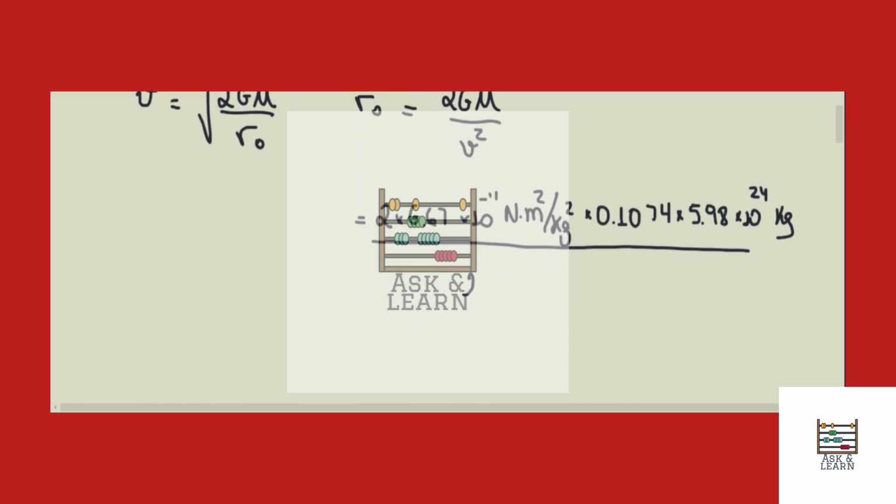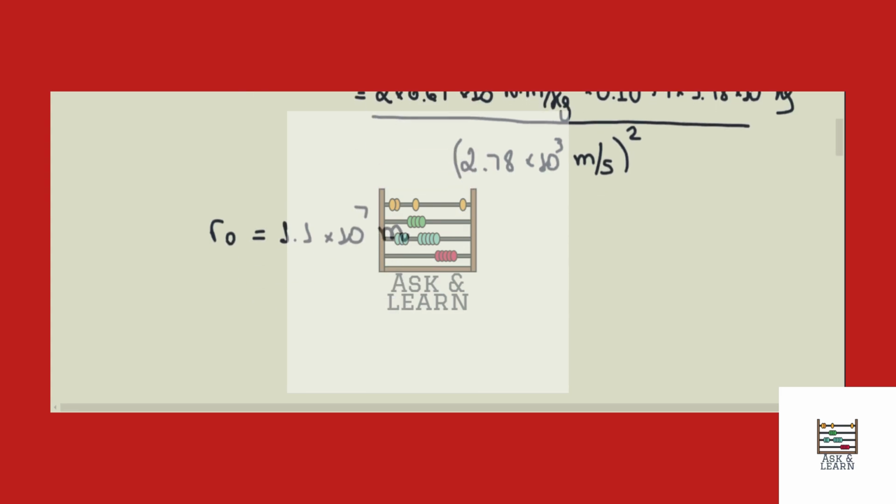So this is 2.78 times 10 to the 3rd meters per second, squared. So R0 is equal to 1.1 times 10 to the 7th meters. So this is the radius of the trajectory.